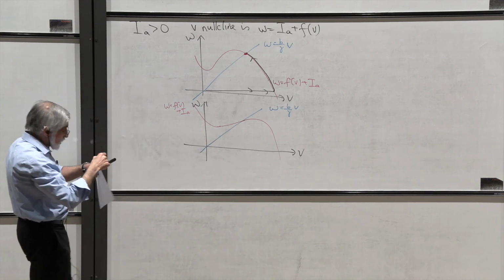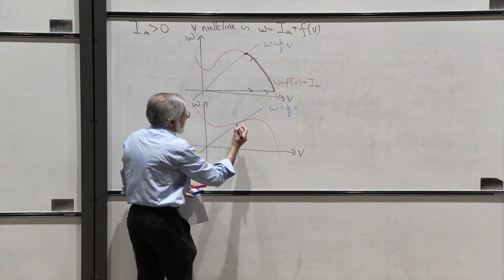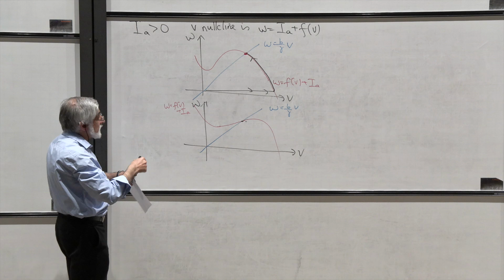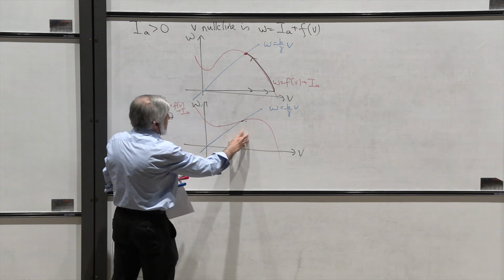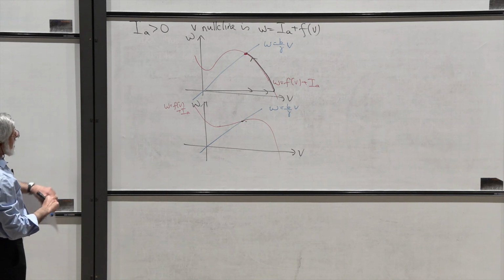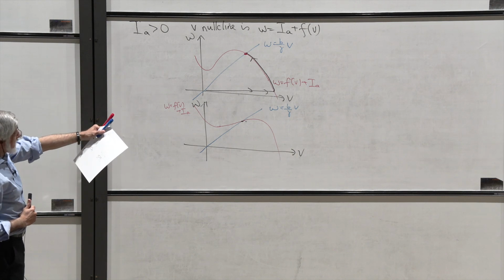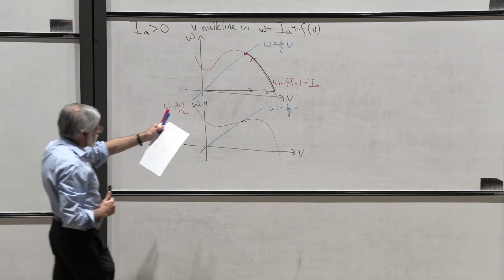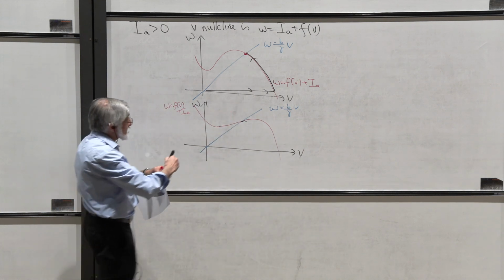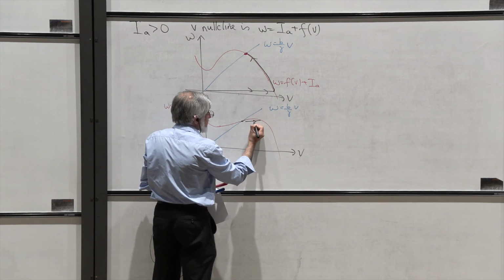Right. And now we've got one steady state. So let's do perturbation. Remember, below this line, the V dot is positive, and W dot is positive, so it will grow, and it'll grow very fast.